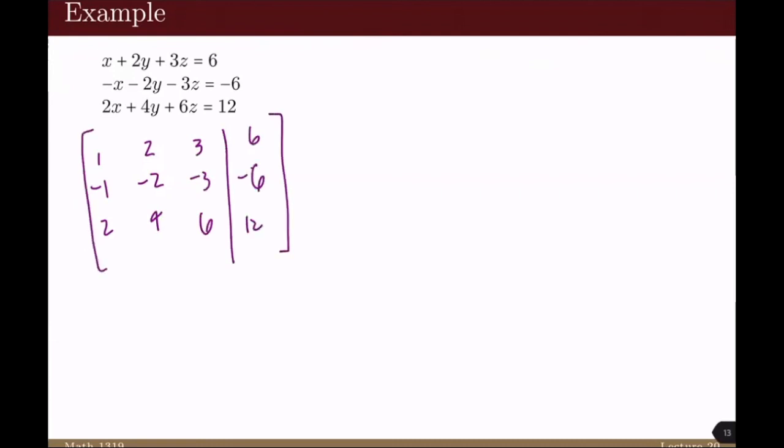Let's just go ahead and do row 1 plus row 2 is going to be the new row 2. And let's do -2 row 1 plus row 3 is going to be the new row 3 as well.